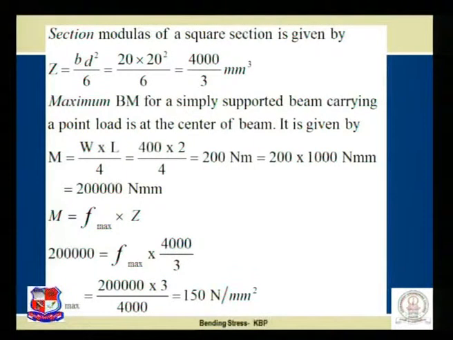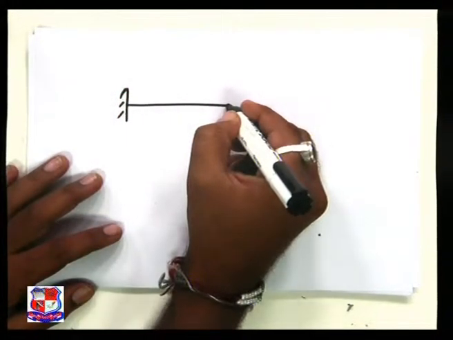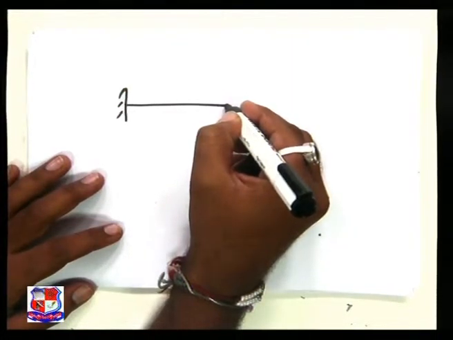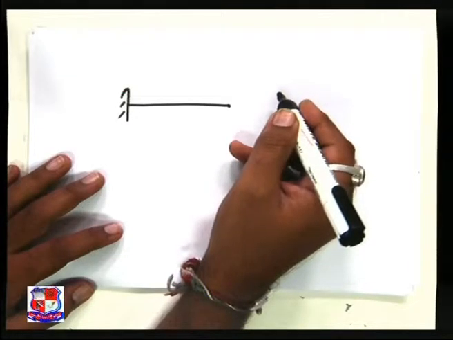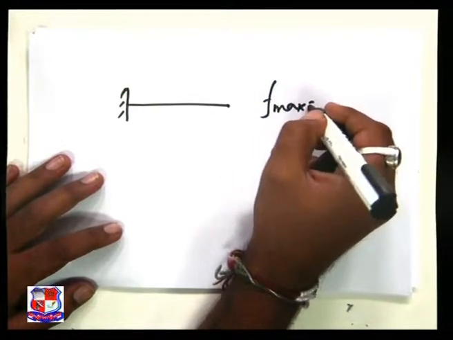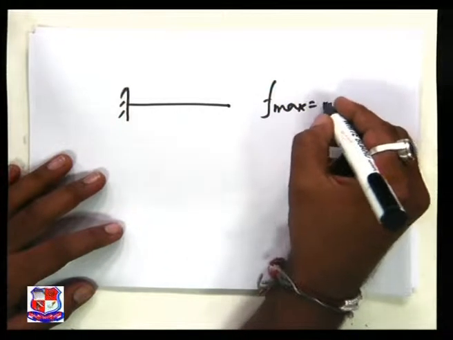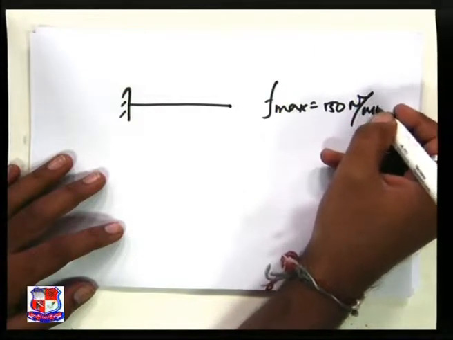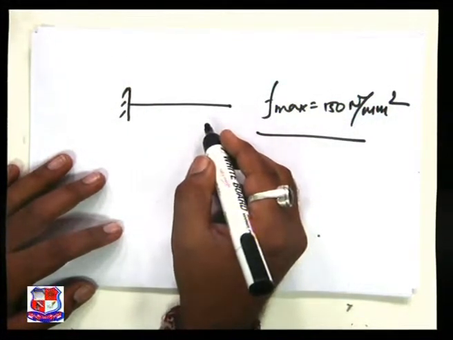Now if we go to the second part, come to this particular tabletop. Here the cantilever beam which is given to us is made up of the same material, which means the F max that we have already found out with the help of the previous bending equation, that is 150 Newton per mm square, we can use in this particular beam.